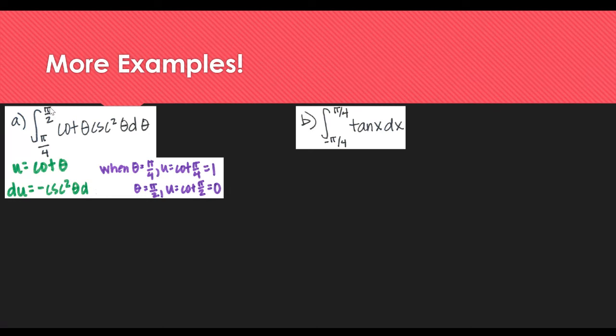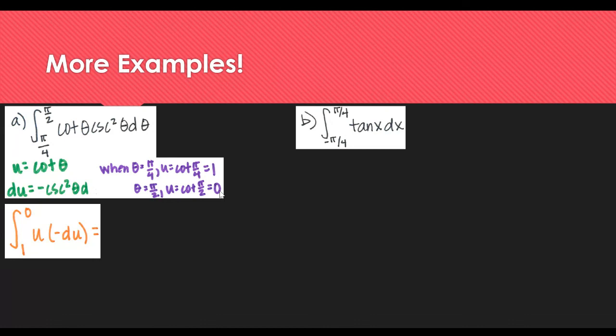So now I'm going to say, okay, when theta is pi over 4, I plug pi over 4 in for u. Cotangent of pi over 4 is 1. Okay, when theta is pi over 2 up top, the cotangent of pi over 2 is 0. So now I have the antiderivative from 1 to 0 of u times negative du.